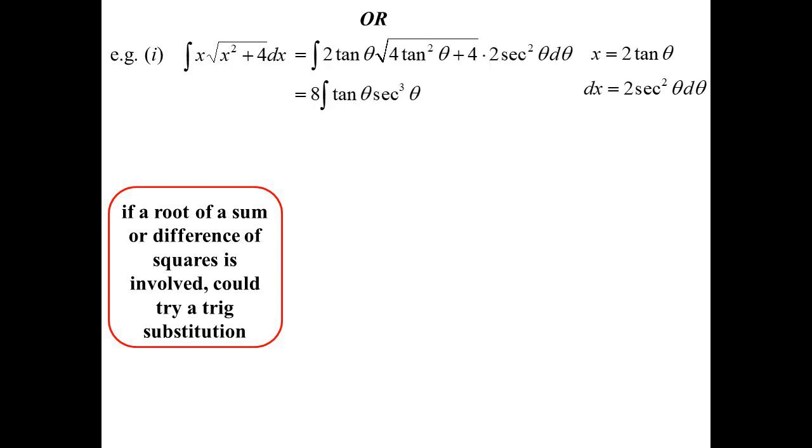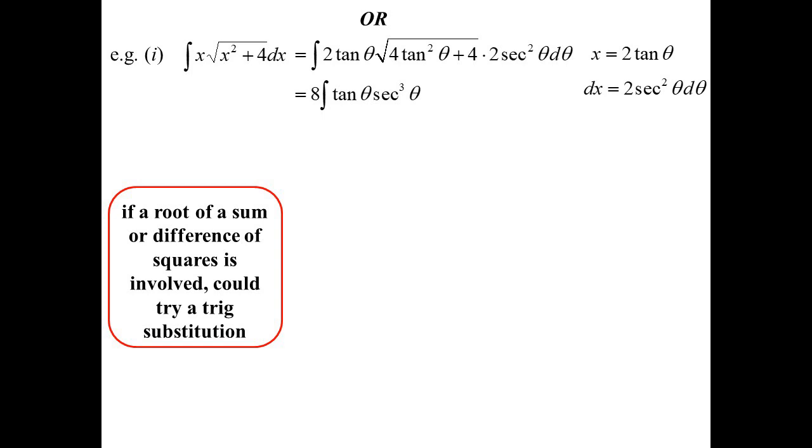So x becomes 2 tan theta. The square root of x squared plus 4 becomes the square root of 4 tan squared plus 4, and then the dx becomes 2 sec squared. Well, 4 tan squared plus 4 is 4 sec squared. The square root of 4 sec squared is 2 sec, and so I end up with 8 times tan theta sec cubed.